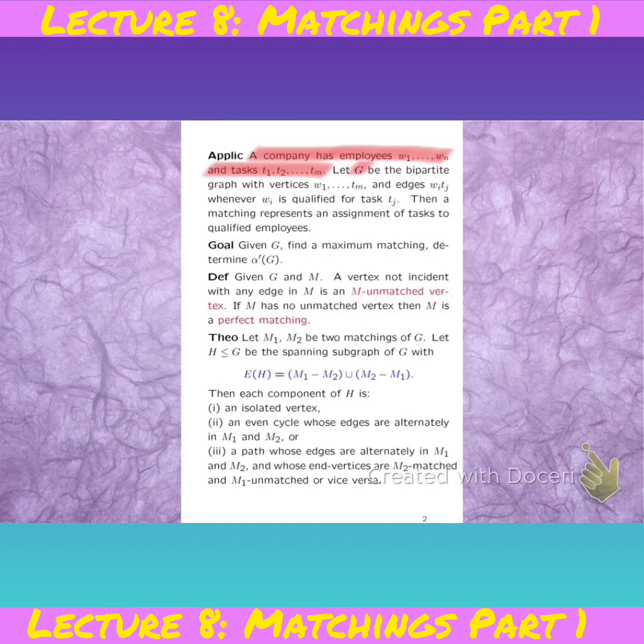Now, if we let G be the bipartite graph with vertices W1 up until Wn, T1 up until Tm, and edges WiTj whenever Wi is qualified for task Tj, then a matching represents an assignment of tasks to qualified employees.